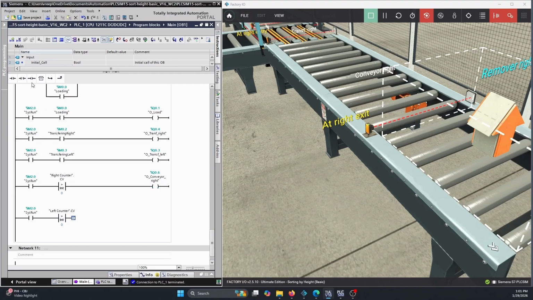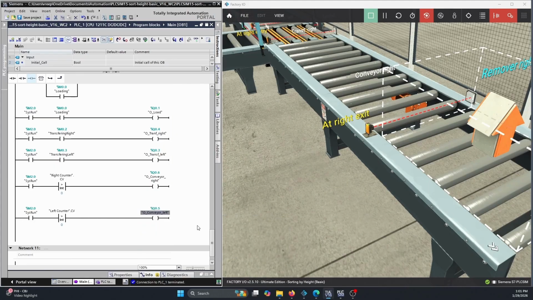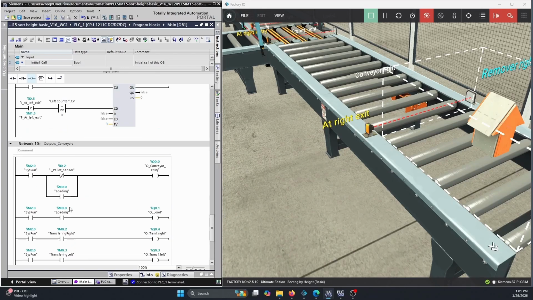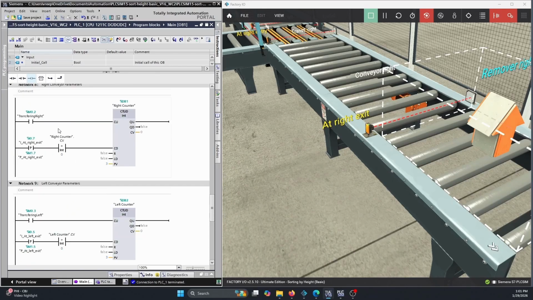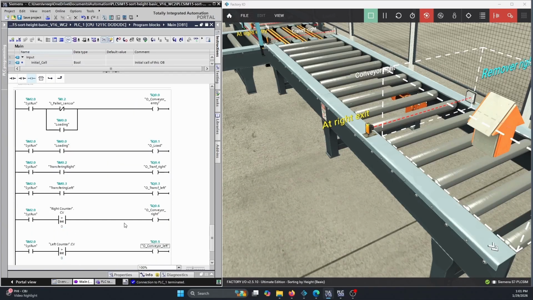Then turn on the other conveyor. So again, output, and we're looking for conveyor left. Beauty. Okay, so now we've got 2 different networks that are going to work together. These are going to count up and count down as the pallets arrive and leave on each conveyor. And if there's one pallet there, greater than 0, then turn on the conveyor. If there's no pallet there, then turn the conveyor off.